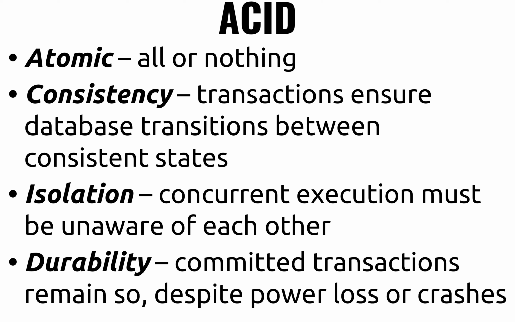Consistency, meaning that it's able to go from one consistent state to another consistent state, right? Where everything adds up, right? There's nothing missing, right? That if I do identify that I am in an inconsistent state, I can always roll back and go back to a previously consistent state.